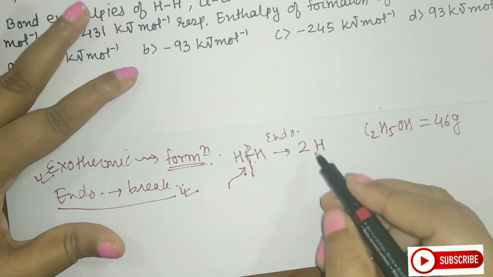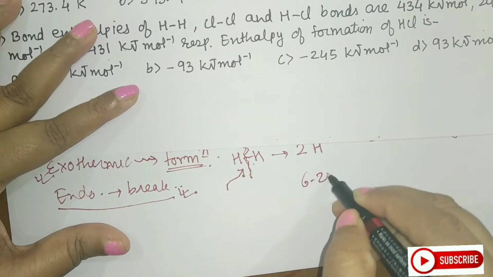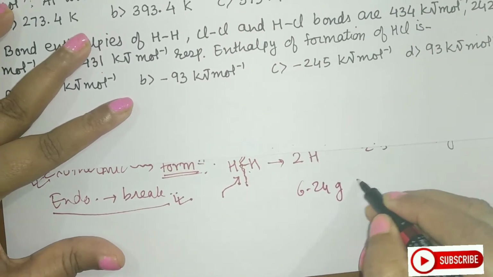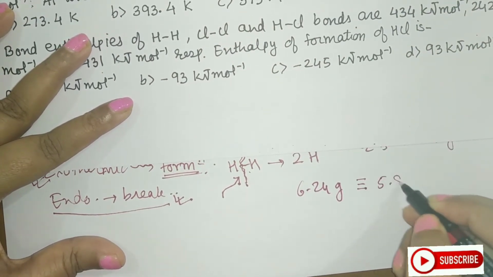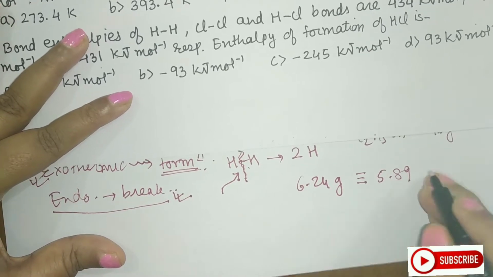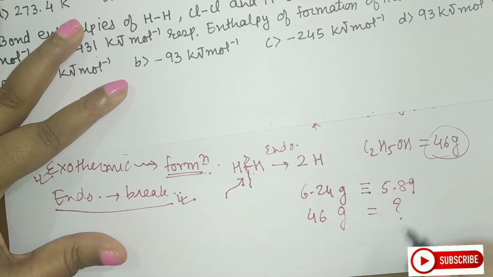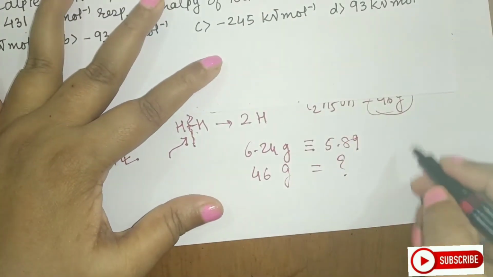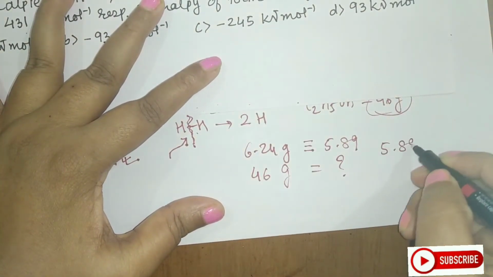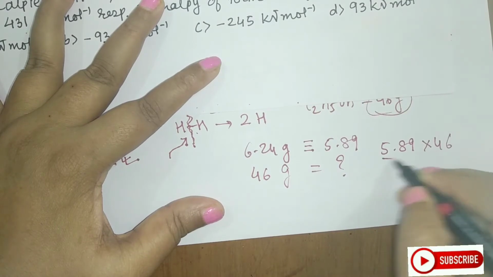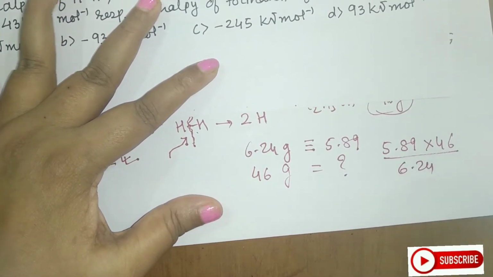So let us see the equation. That is, 6.24 gram of ethanol requires 5.89. Therefore, for its molar mass, that is 46 gram, how much will it be? We'll go for the cross multiplication. So it will be 5.89 into 46 divided by 6.24.